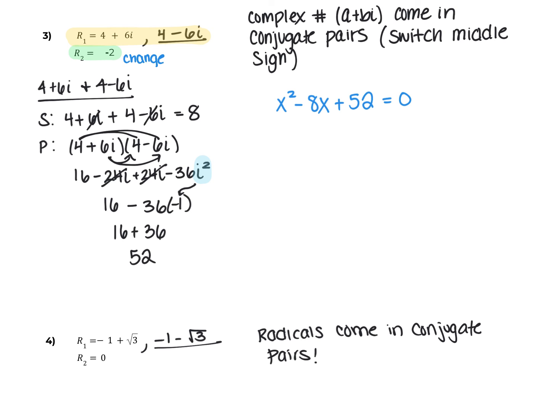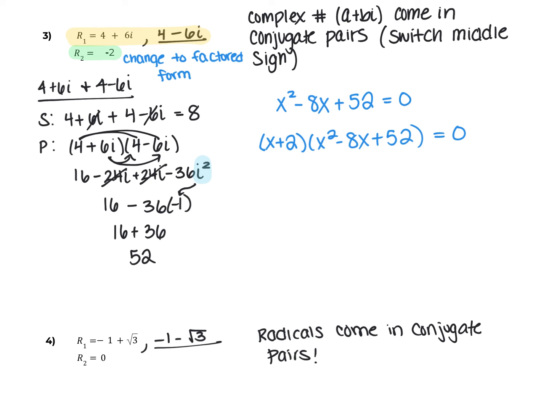So what I mean by that is if the root is x equals -2, then that must mean the factor is the opposite sign. So x plus 2. And what we're going to do is multiply that by the other polynomial and set it equal to 0.